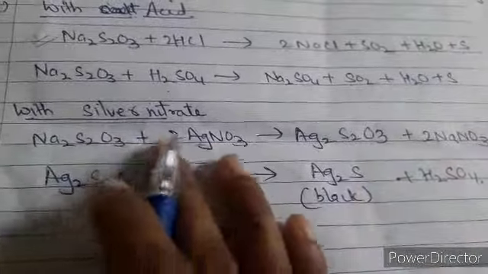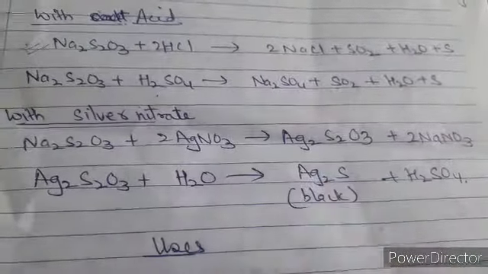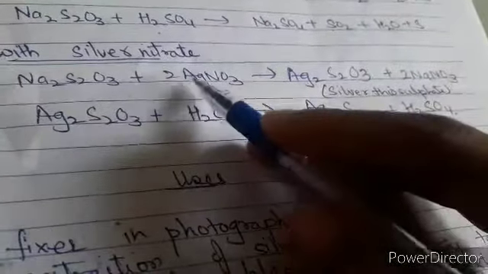It also gives a very good reaction with silver nitrate. So when sodium thiosulfate reacts with AgNO3, it gives this compound. You only have to change the metal: in place of Na you place Ag, so it gives silver thiosulfate and you get NaNO3.